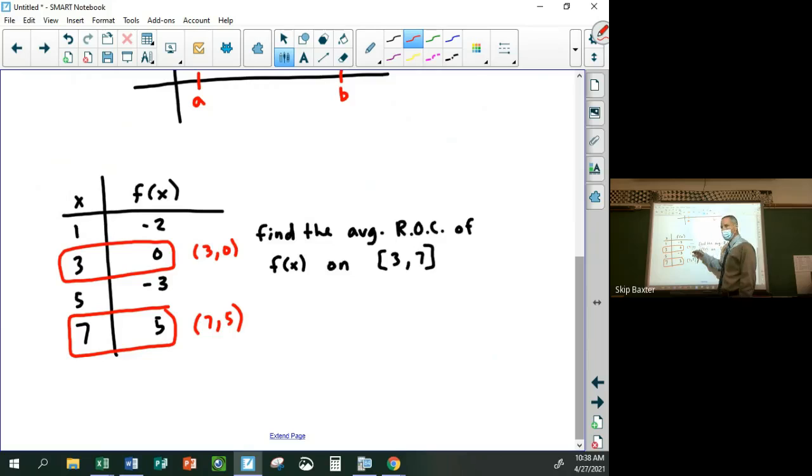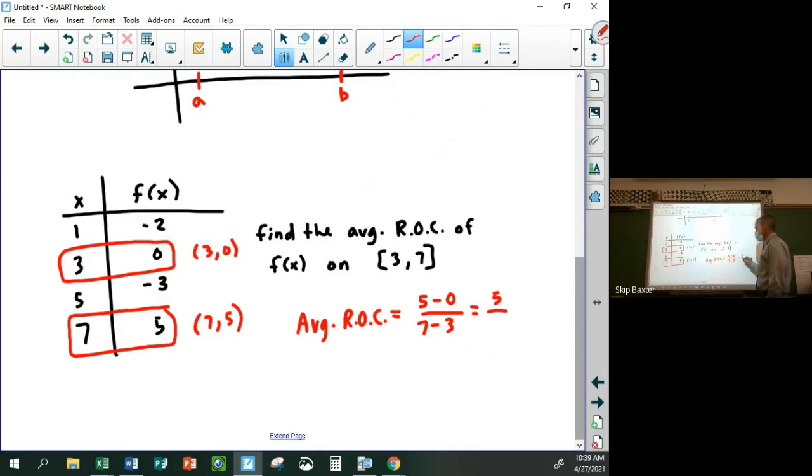To find the slope between those 2 points, you subtract the y's, you subtract the x's. That's all we're doing here. The average rate of change would be 5 minus 0 over 7 minus 3. So this would be 5 fourths. That's the answer.